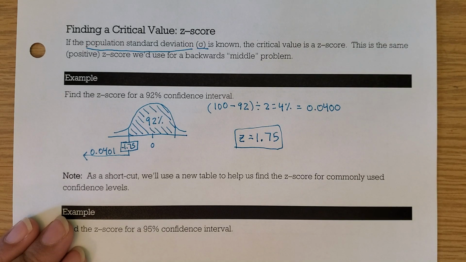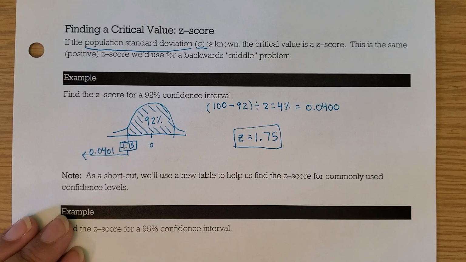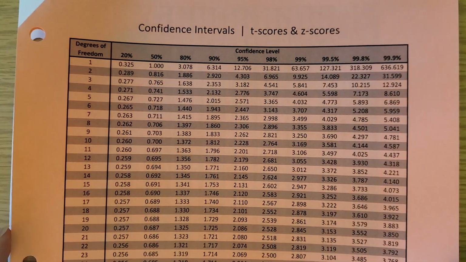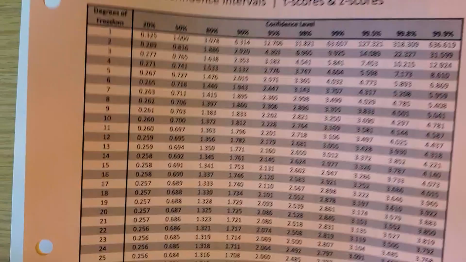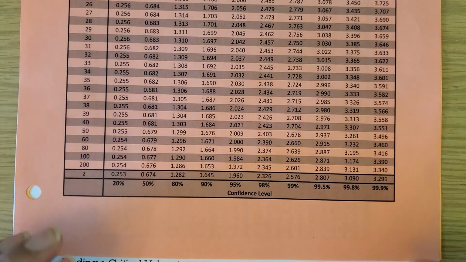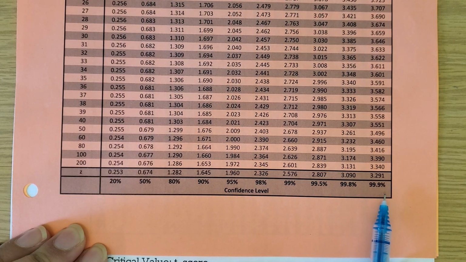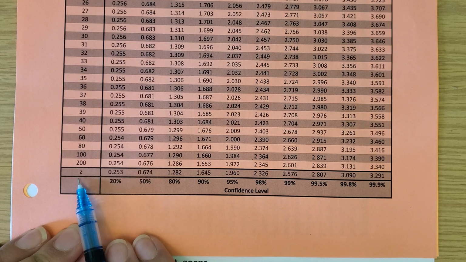Now, here's the good news. Because we're going to be finding certain confidence levels frequently, we have another table here that's going to give us a shortcut. And the shortcut is all the way at the bottom. At the bottom of this table, we have our various levels of confidence, and right above, we have our z-scores.